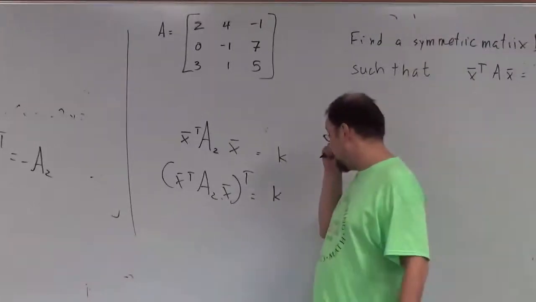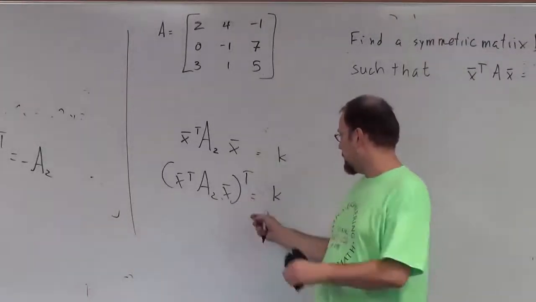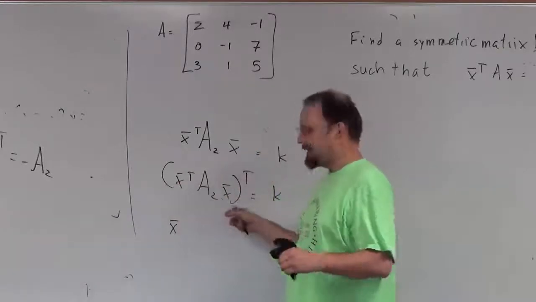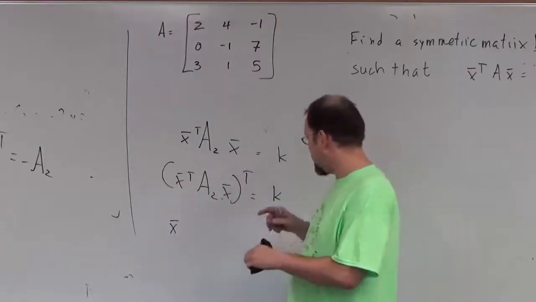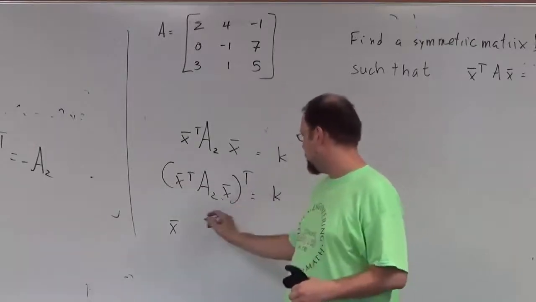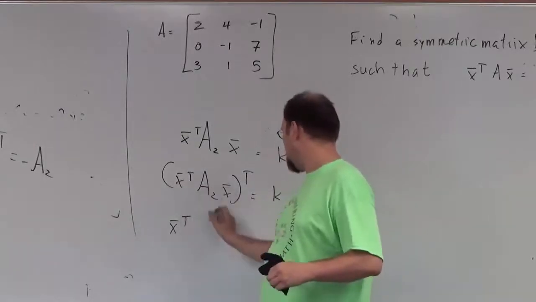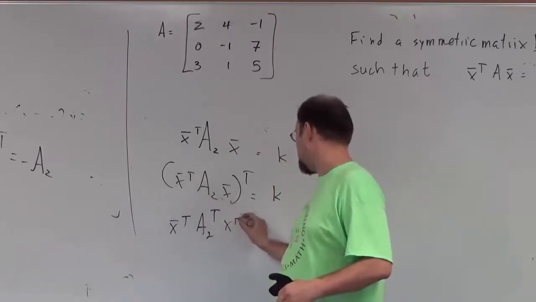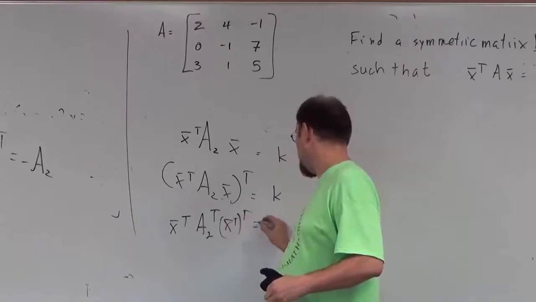And then we use properties of transposes. The transpose of a product is the product of the transposes in reverse order. So you're going to get X transpose, A2 transpose, and then X transpose transpose, which gives you, of course, X.